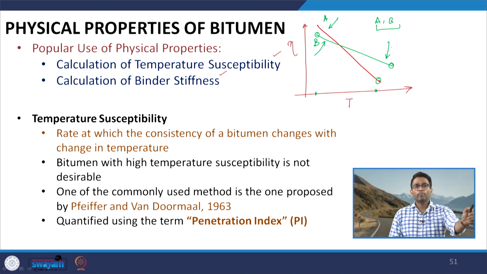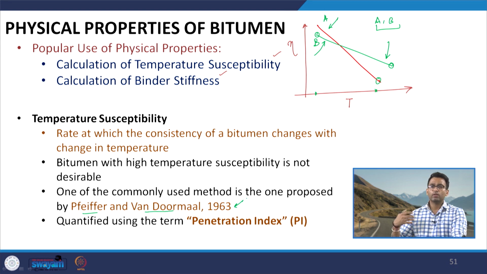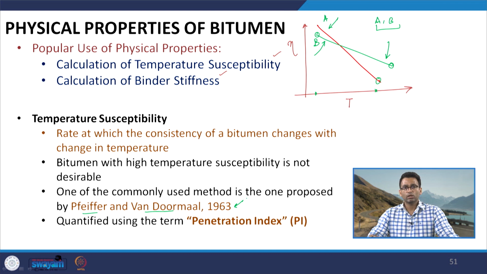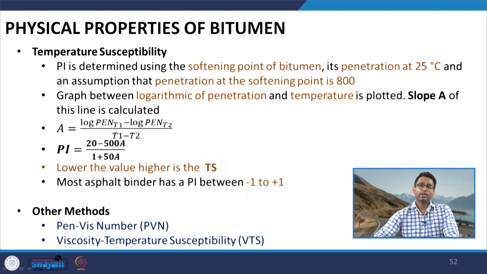Though there are various methods by which we can determine the temperature susceptibility of the bitumen, one of the commonly used methods is the one which was proposed by Pfeiffer and Van Doormaal in 1963, and they proposed the term penetration index to assess the temperature susceptibility of the bitumen. Penetration index can be determined just by using the softening point value of the bitumen and the penetration value of the bitumen at 25 degrees Celsius.